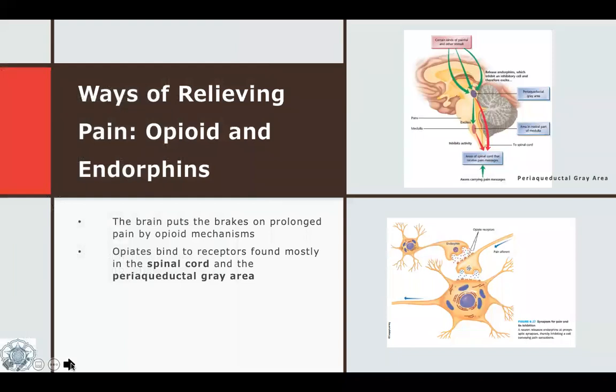All right. So how can we relieve pain? We would not want to be free from the ability to feel pain, right? Because it is important for us. But we want to relieve it, right?